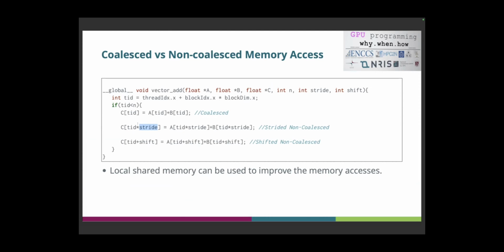Another aspect of memory access is the so-called alignment. This actually has a much smaller effect on performance. Here we added some shift. Let's say TID is 0, and assume that shift is 1. Then the thread will ask for element 1 to be brought from the memory to the chip.